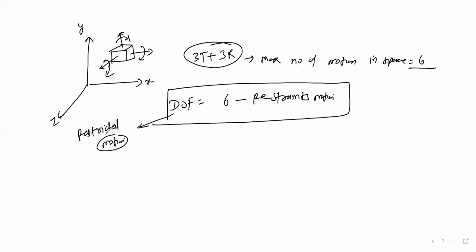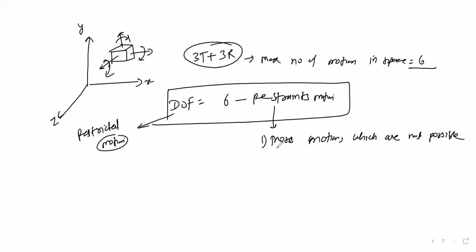Like if any body is restricted in one direction, the degree of freedom will be 6 minus 1, that is 5. What do you mean by restraint? Restraint means the number of motions which are not possible.